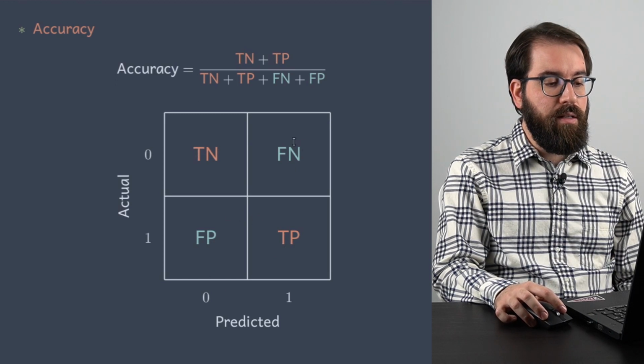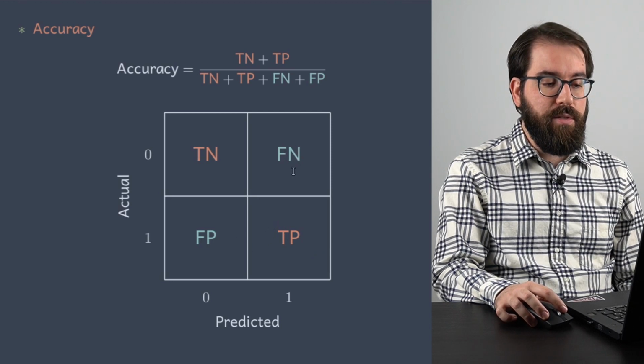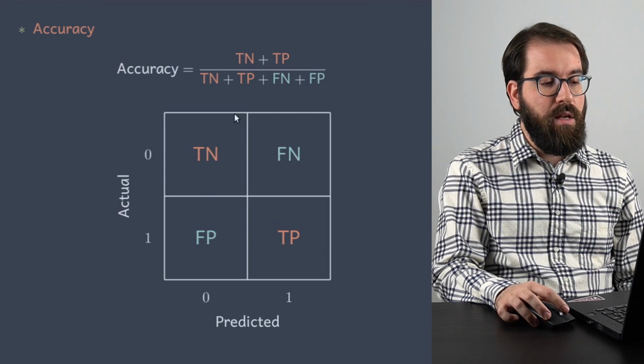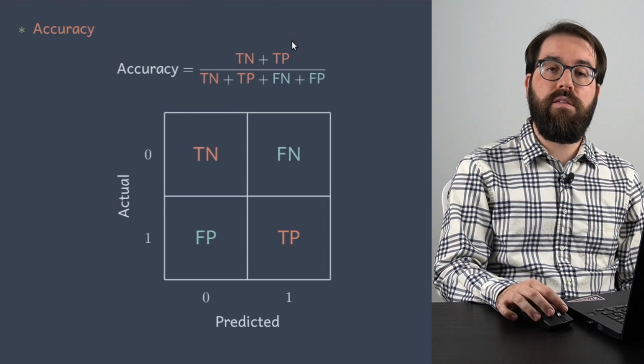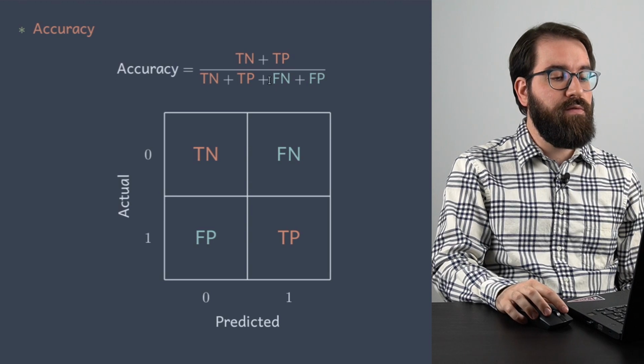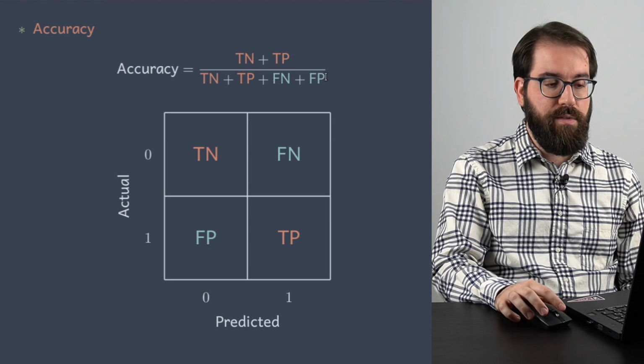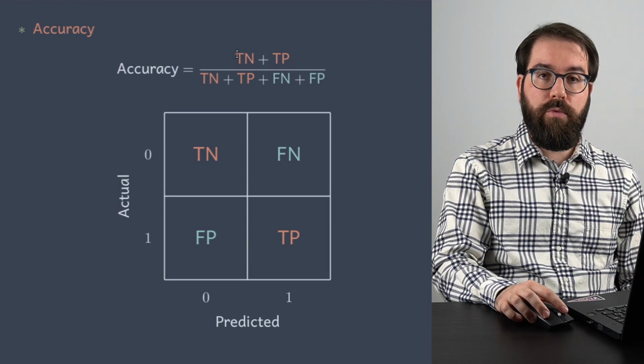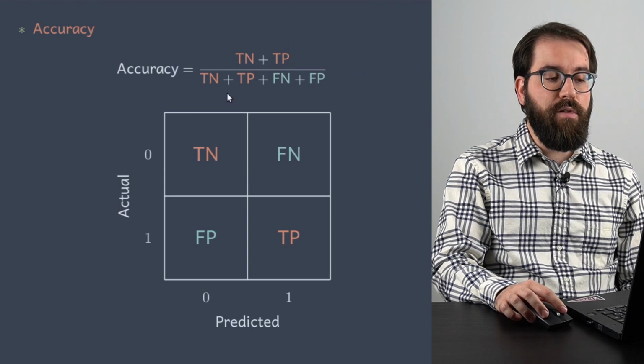And in cyan, outside of the main diagonal, you find the errors, which are the false negatives and the false positives. So the accuracy contains all four possibilities: true negatives, true positives, false negatives, and false positives. And of course, it's the true over the overall.